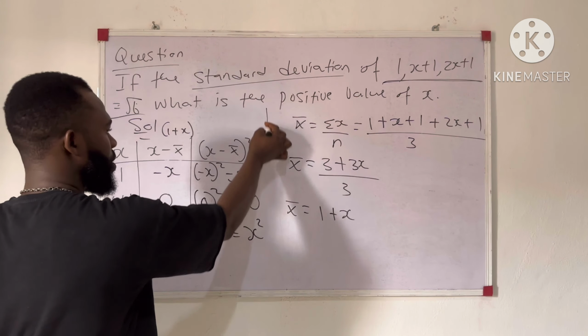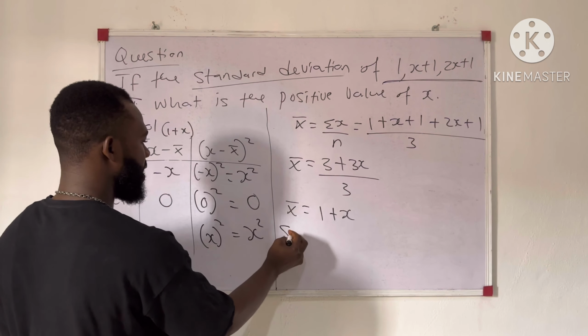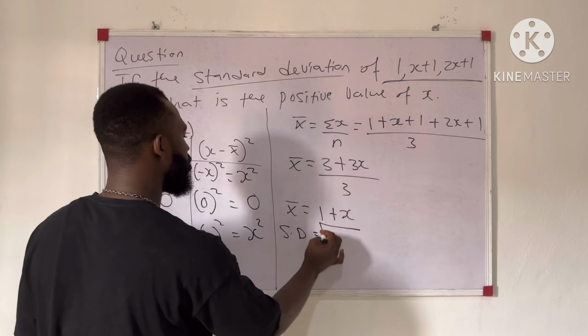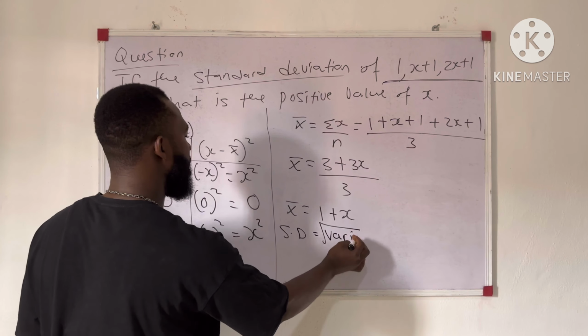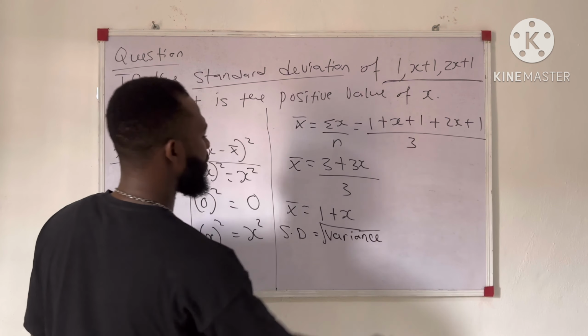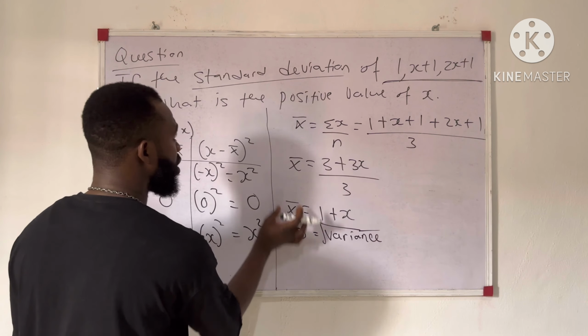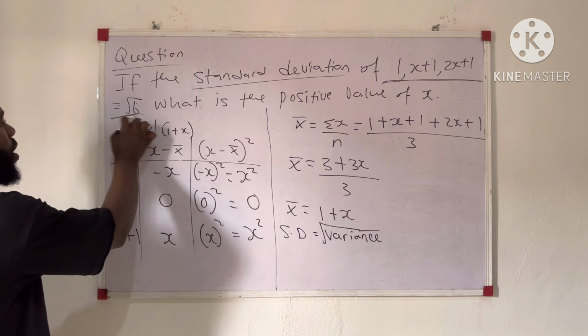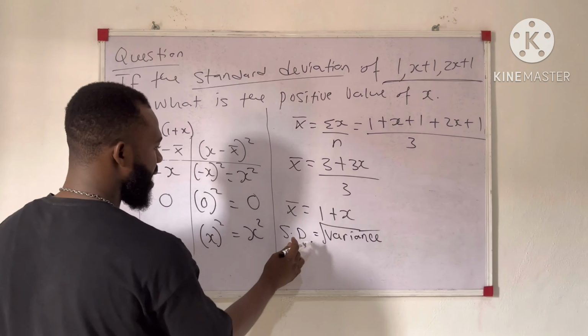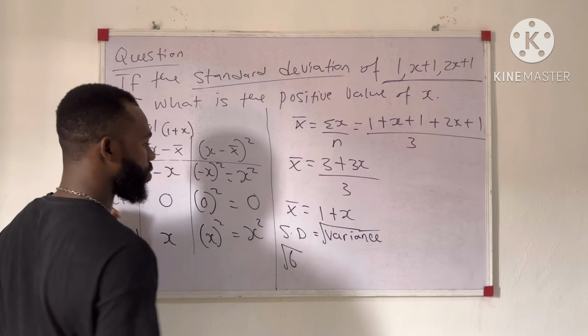Standard deviation is actually the square root of variance. Yes, that's the formula for standard deviation, the square root of variance. But don't forget the standard deviation was given a value which is root 6. So where I have standard deviation, I will substitute root 6.